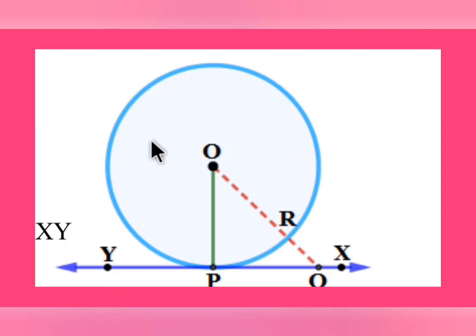Let us recall the tangent theorem related to circles now. You can observe in this circle with center O, the tangent line is YX, and at the point P it is contacting the circle. So this is the contact point, and you draw a radius to this point of contact, and that is perpendicular to the tangent drawn.